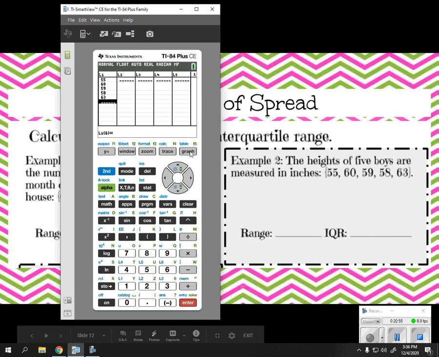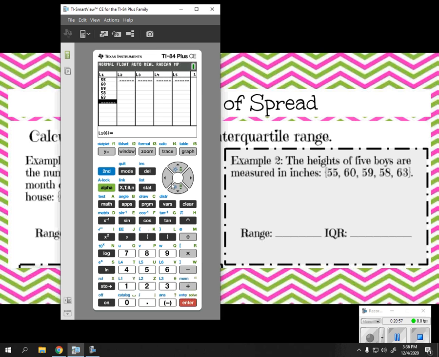This is what you're going to be using on the end of course test, not the virtual one, but the actual one. And there's no Desmos. You get this. So please be practicing with the TI-84. If you don't know how to use it, ask. All right, that was my little rant for right now.